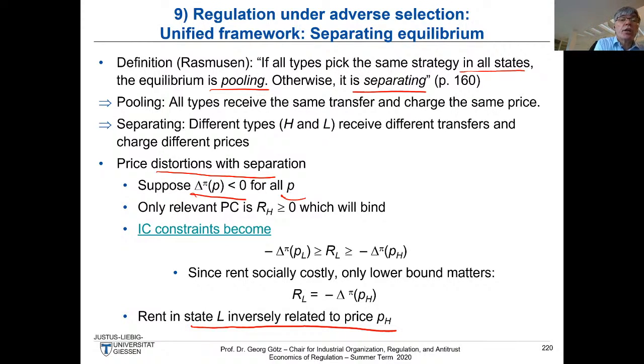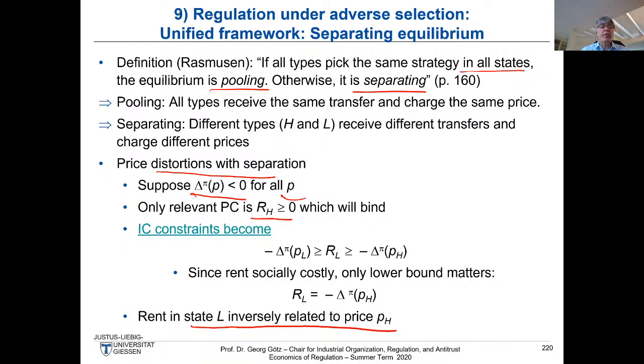Therefore, the only relevant participation constraint is that of the high type, because the high type can never claim to be a low type because it has higher cost. The only thing we have to guarantee in order for the high type to really produce is that its rent is non-negative.